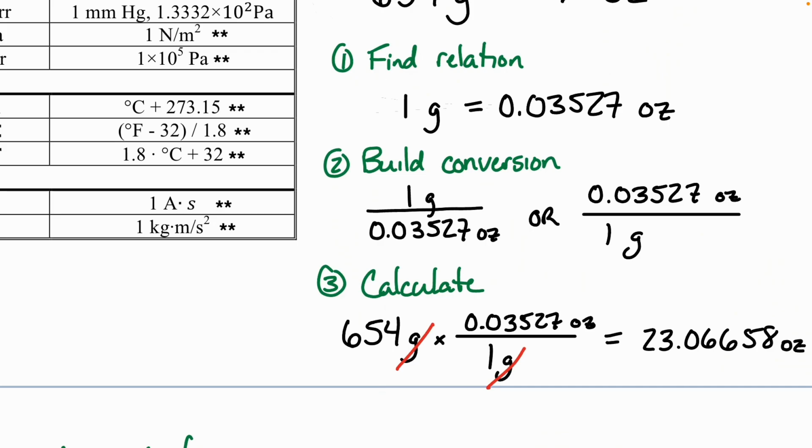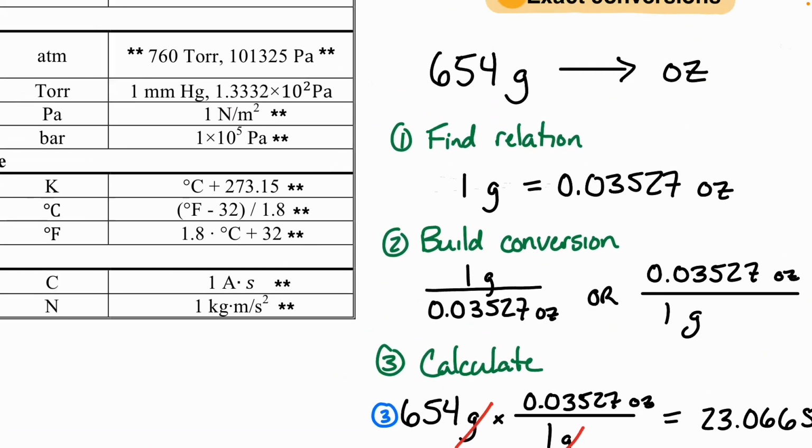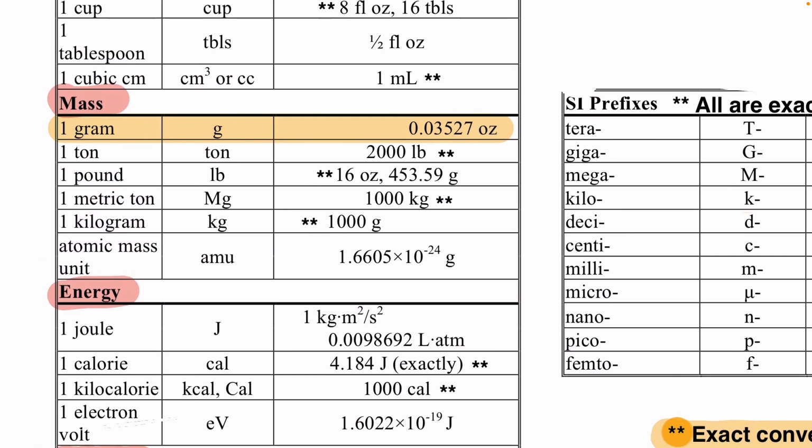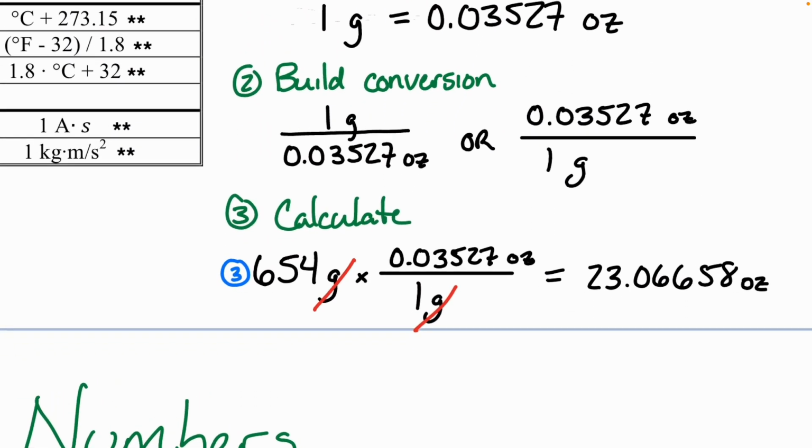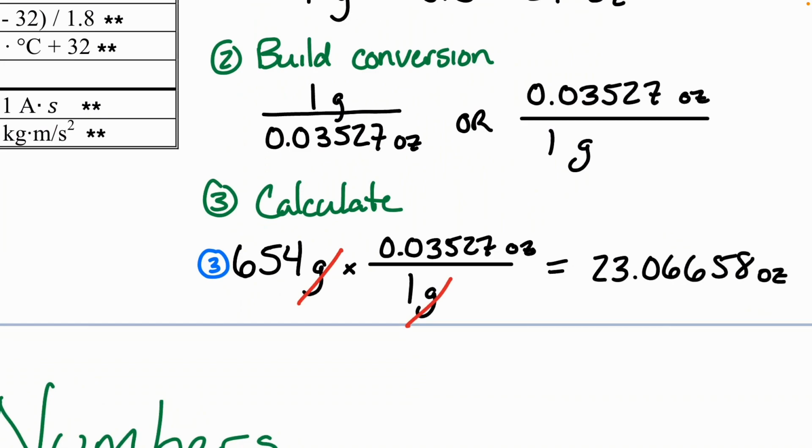Okay. How many sig figs are in 654? 3. But now, as was mentioned, there is no asterisk in this value, so I'm going to have to pay attention to sig figs in my calculation. How many sig figs are in 0.03527? 4. Remember, we do not count those leading zeros. Leading zeros never count.